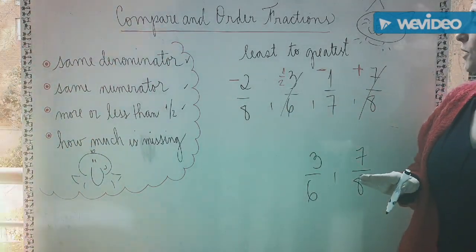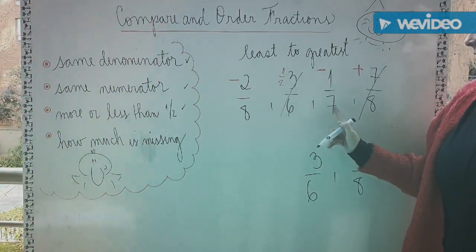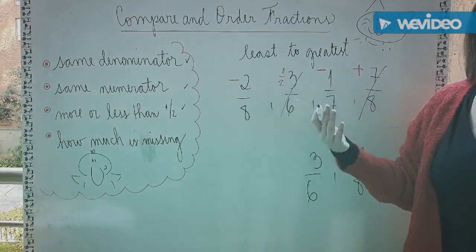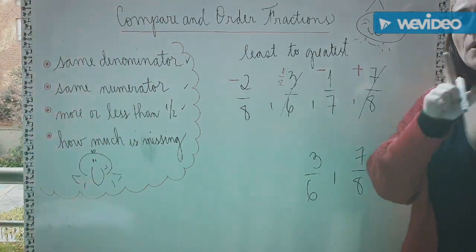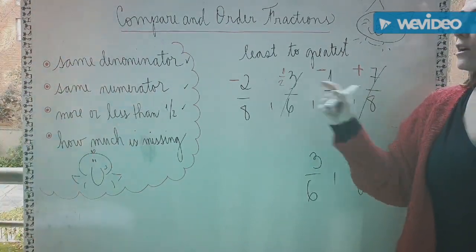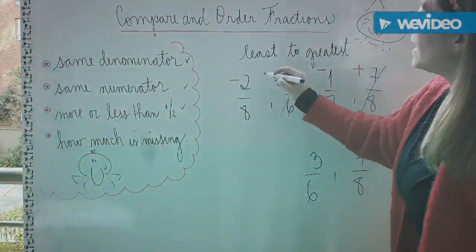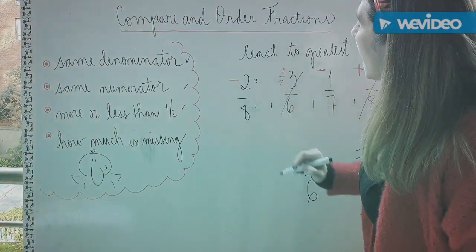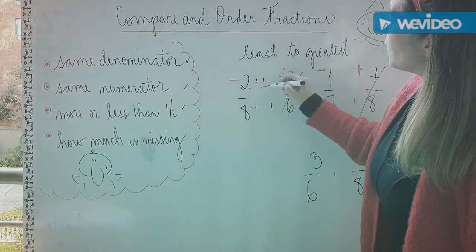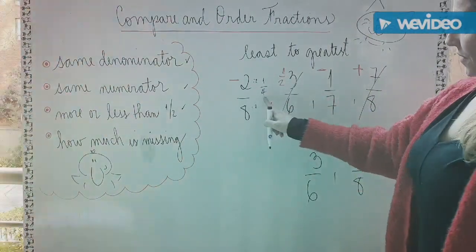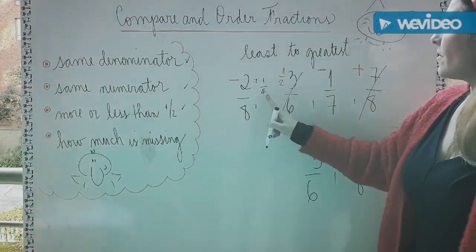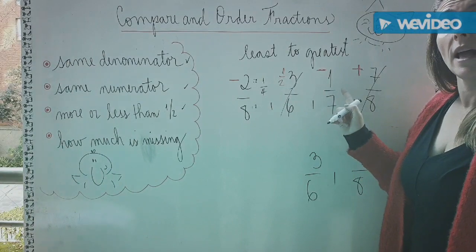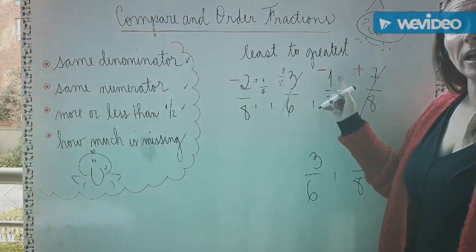Here, what you need to think is, 7 and 8 are difficult denominators. But if you notice something, here you can simplify. If I simplify this by 2, I would get 1/4. And this is 1/7, so we're going to have that this one and this one have the same numerator.